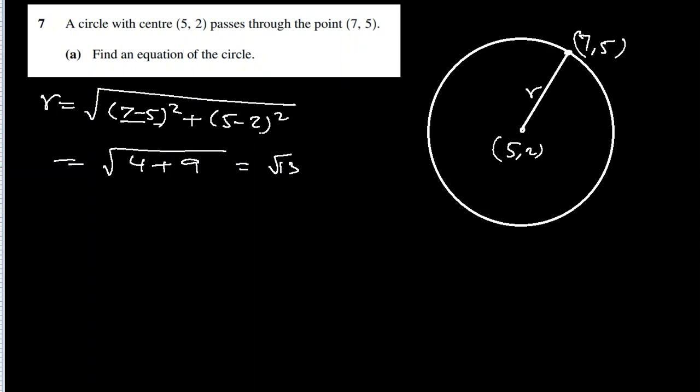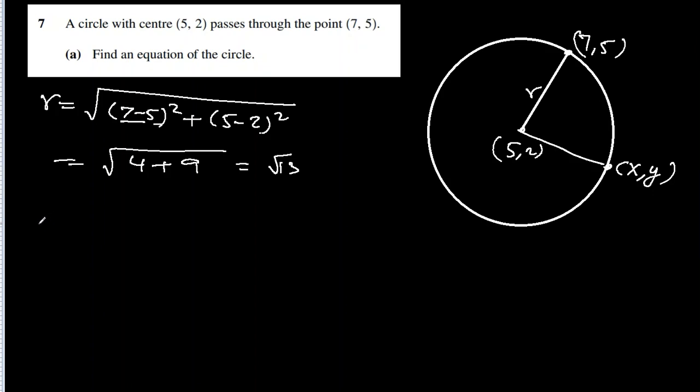It is square root 13. Now, to find the equation of the circle, just take another random point, but this time the coordinates are not known. It can be anywhere on the circle, and use the distance formula again.